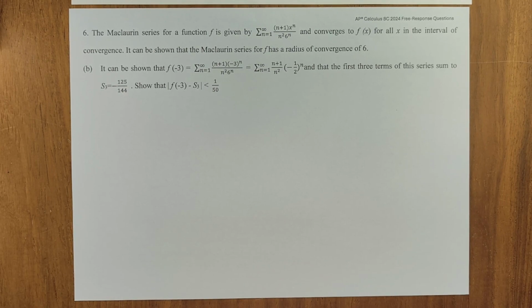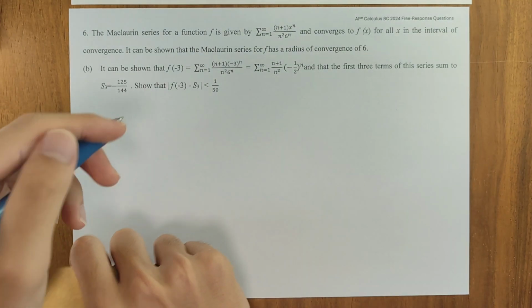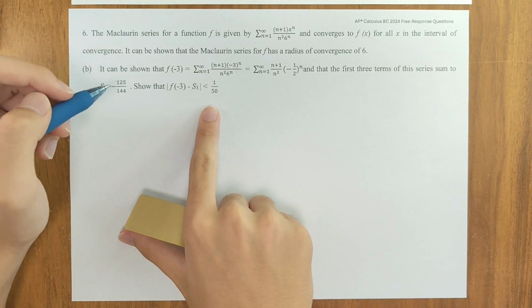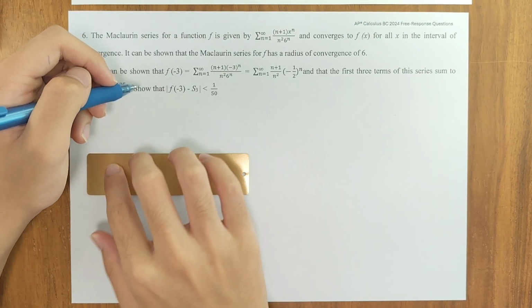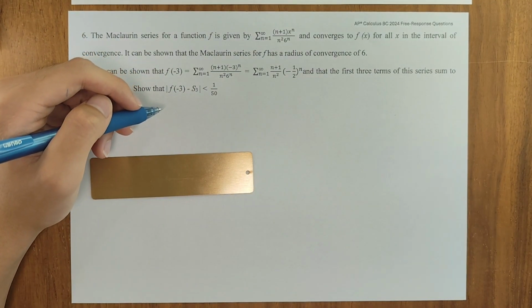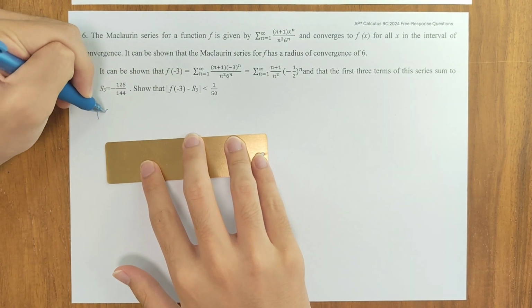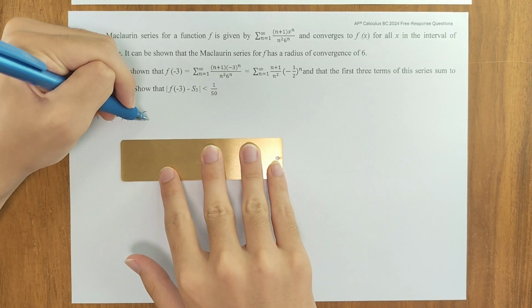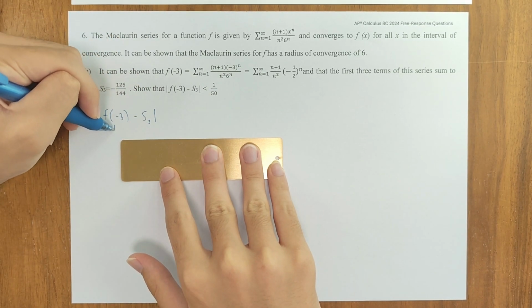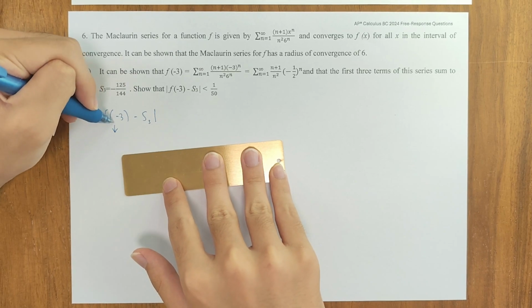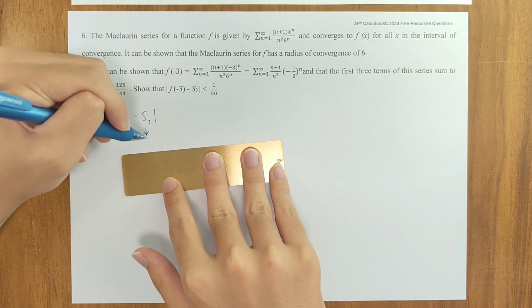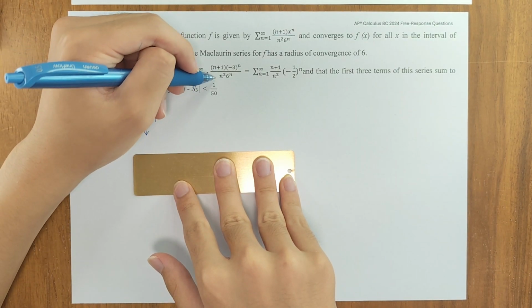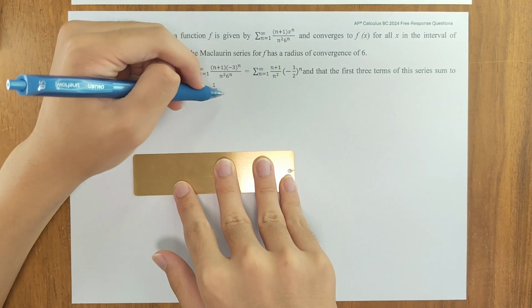So these kinds of problems are error problems, and we're dealing with an alternating series.